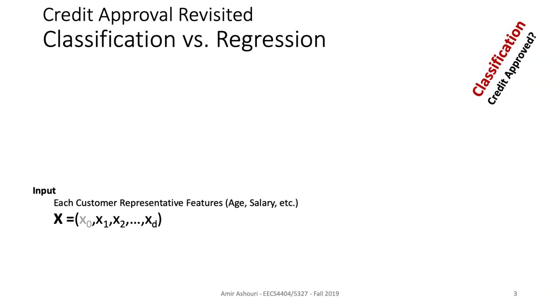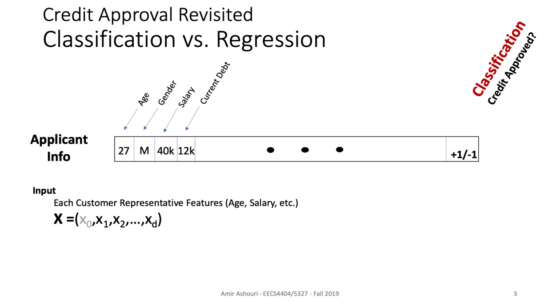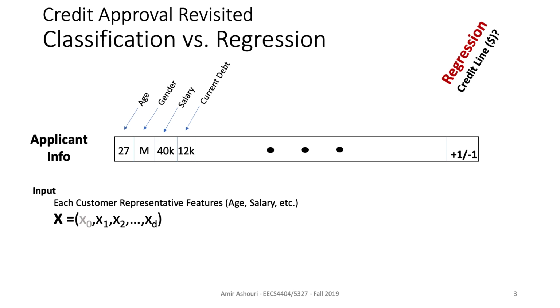All right, we started with regression. Going back to the credit approval problem, for classification we have a feature vector of applicants, which we call x, starting from x0, the artificial coordinate, and x1 up to xd, which are the features you have, starting from age up to the last one here. When we have a label which is an integer, -1 or +1, we have classification, right? In the case of regression, that label becomes a real value.